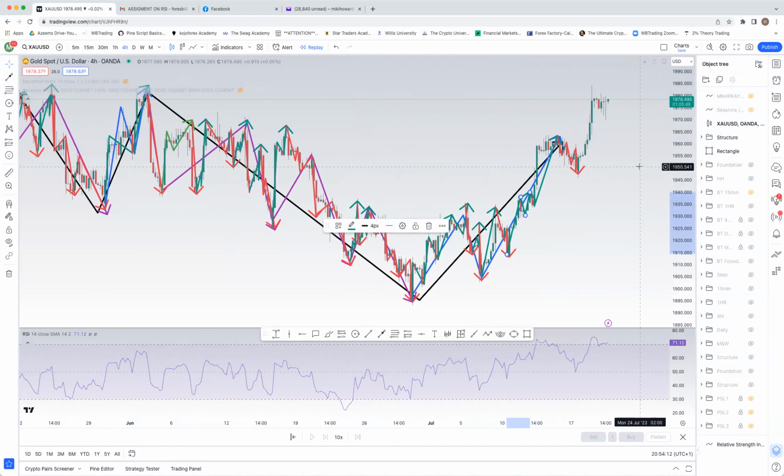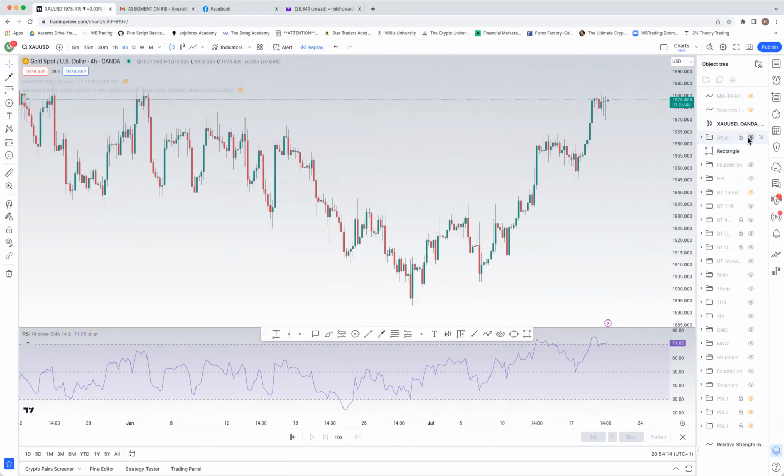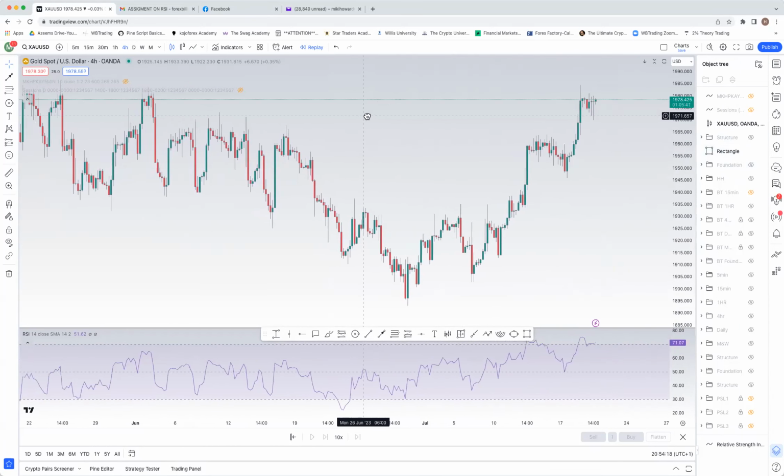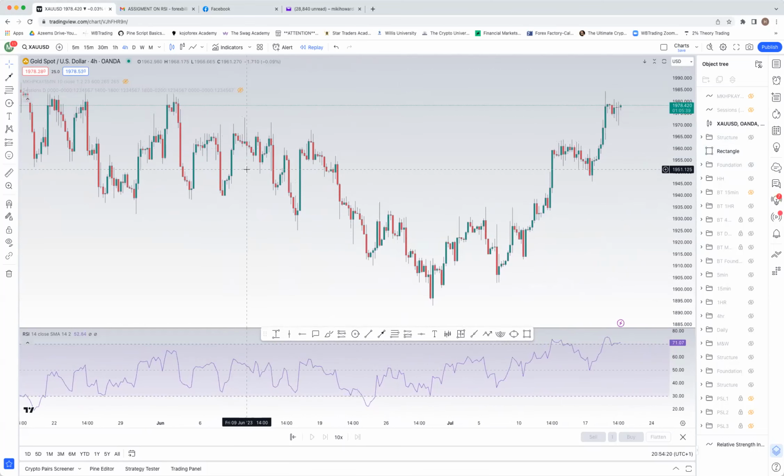All right, let's close this. Now, when we look at this, let's say we're on the 4-hour, there are three ways of drawing support and resistance, right?